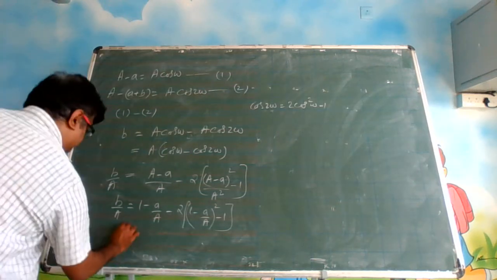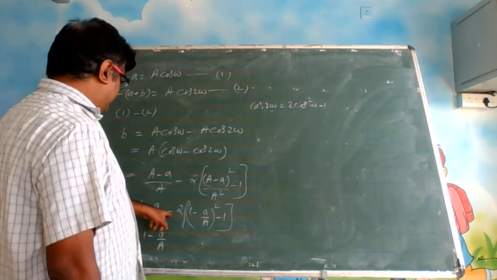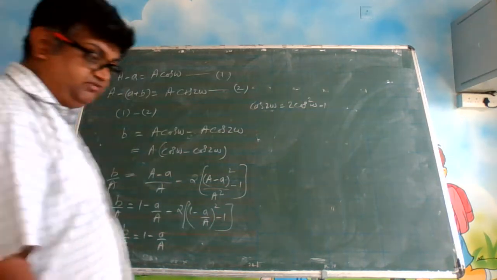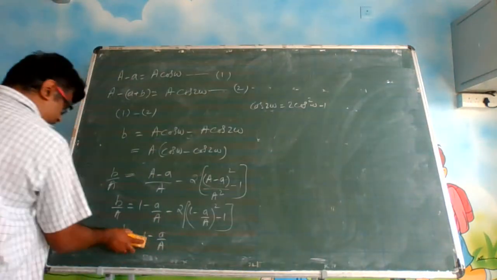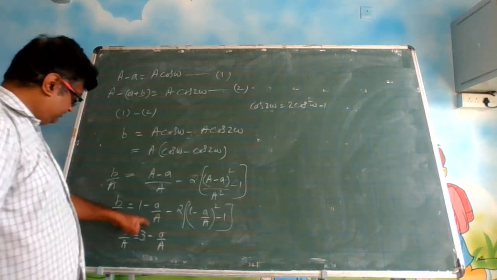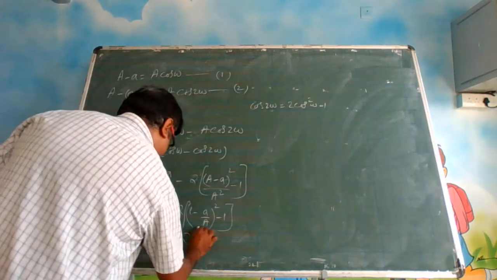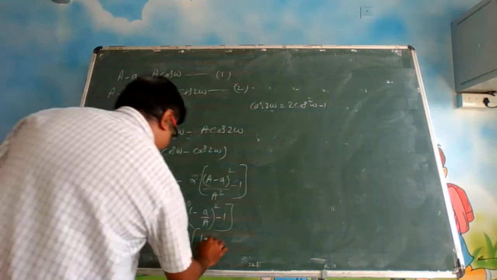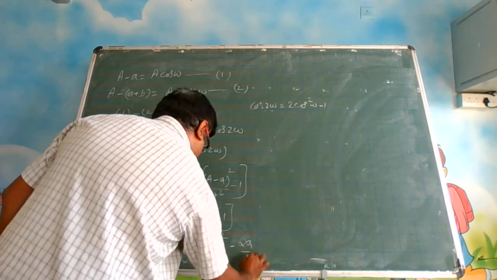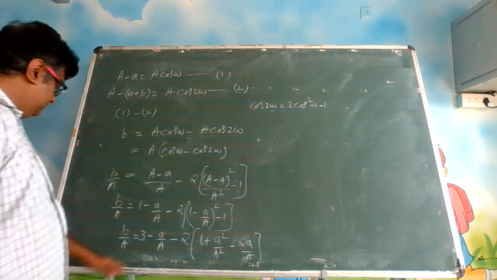Right? So this becomes B by A is equal to 1 minus a by A. You see here, it is minus 2 into minus 1. It becomes plus 2. There is already 1 here. We can write this as 3. So 3 minus a by A minus 2 into, it is a square by A square minus 2a by A. We are not able to eliminate these squares and all.